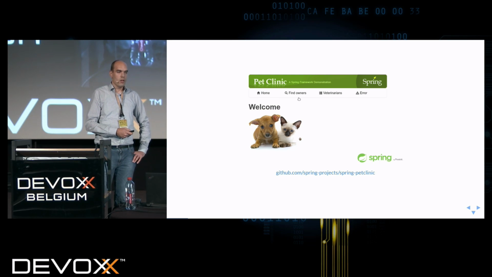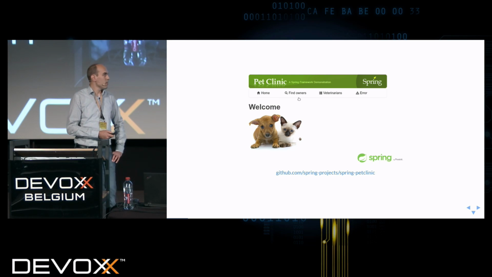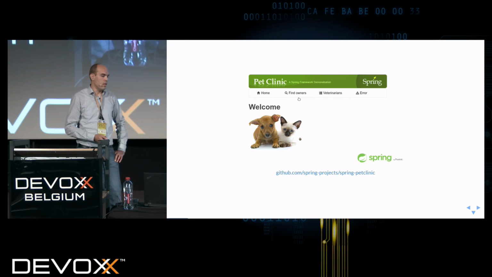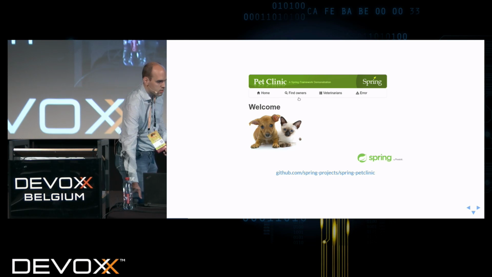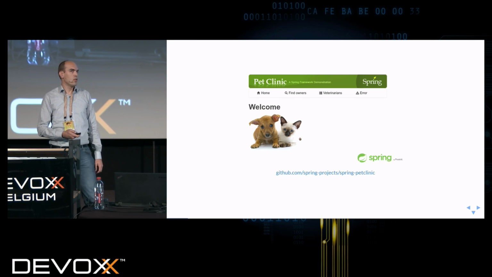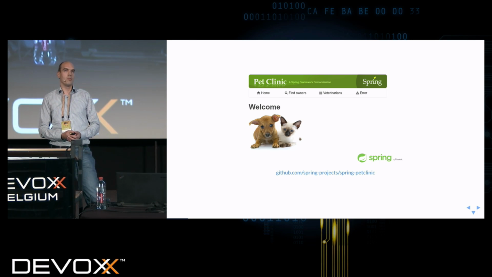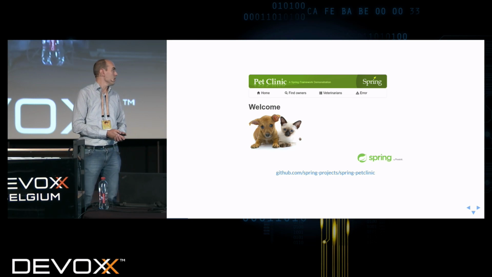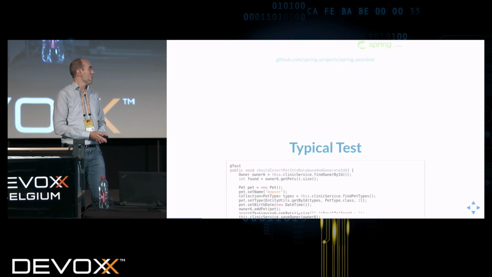And the nice thing about this example is that they also have automated tests for that. I want to show you one of the tests they wrote. I like the example because it really shows the typical problems that you have when you write JUnit tests. And there is a couple of them.